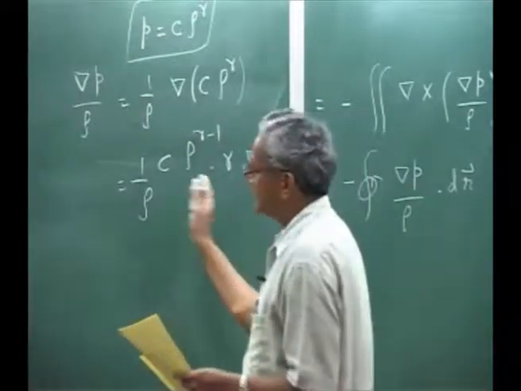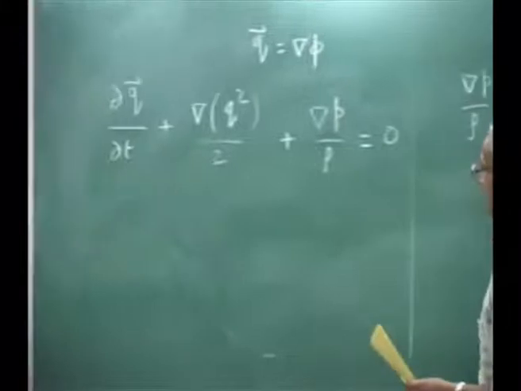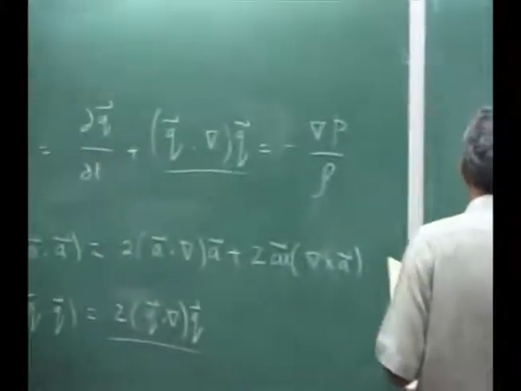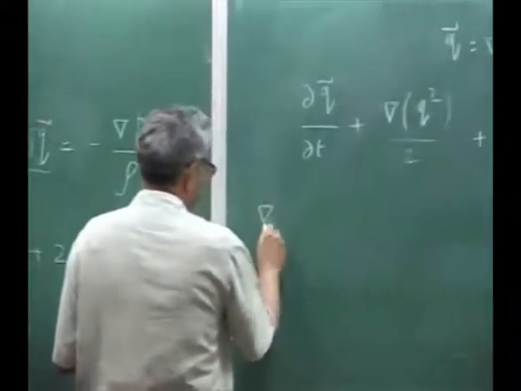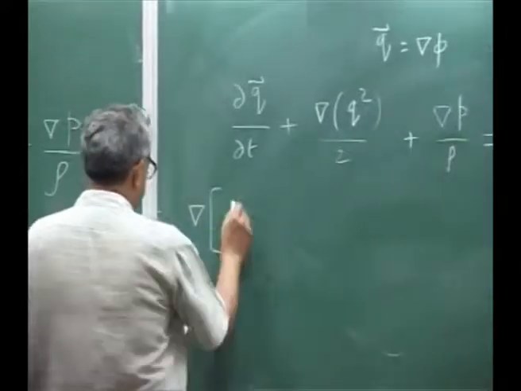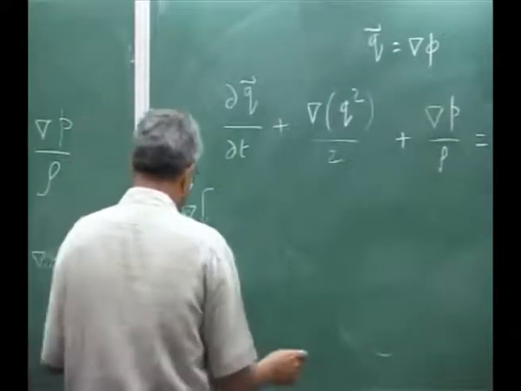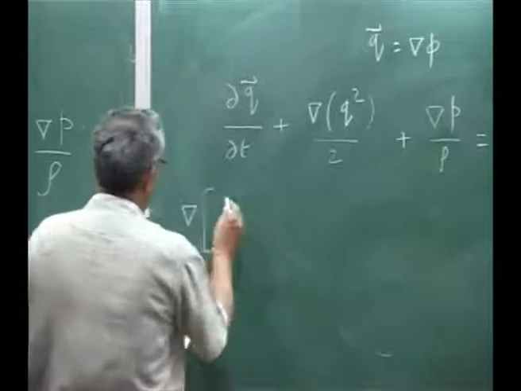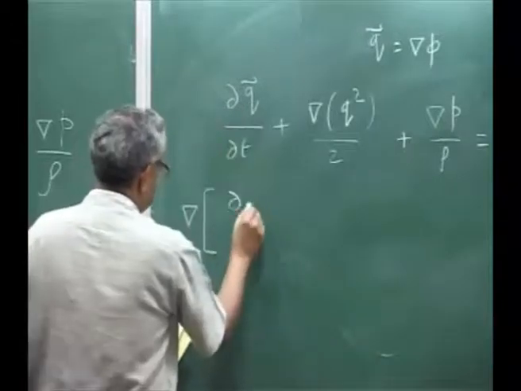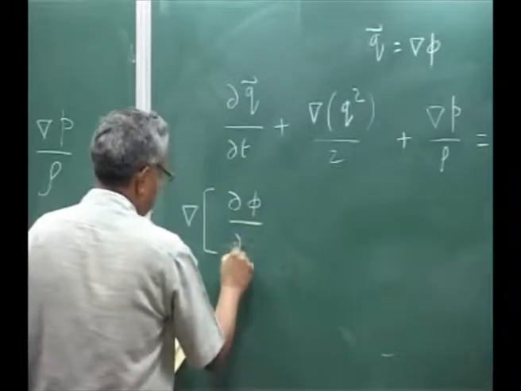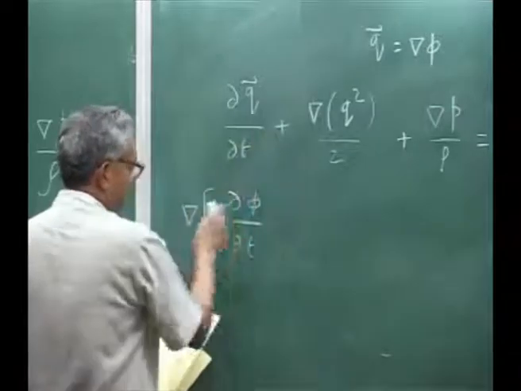Now if I put this term back here, this is delta phi over delta t, because q is del phi.